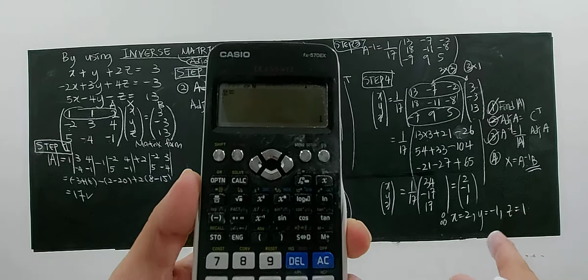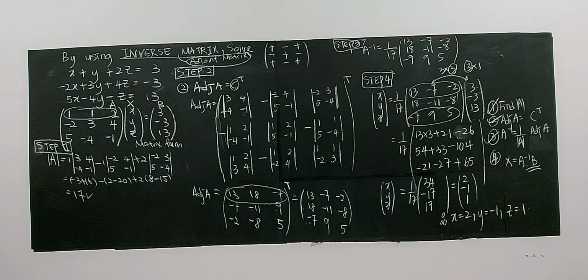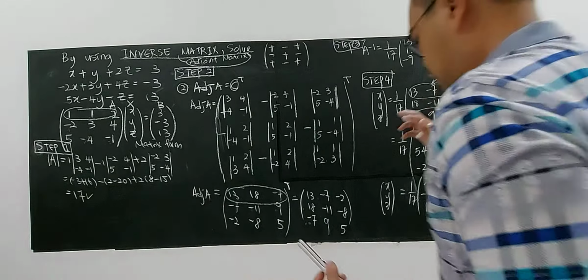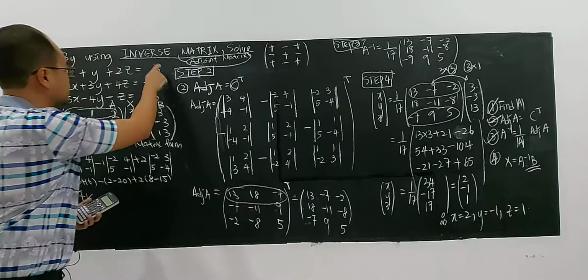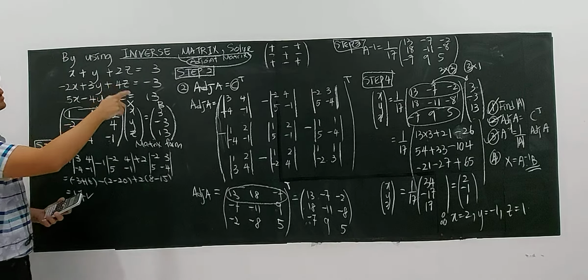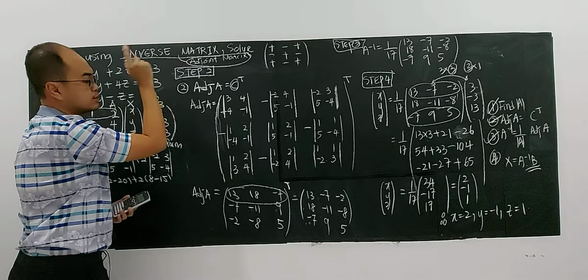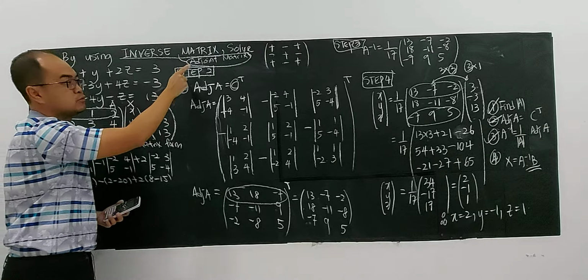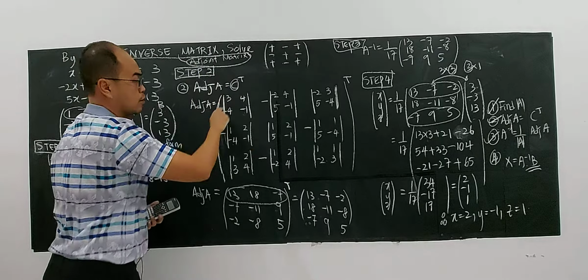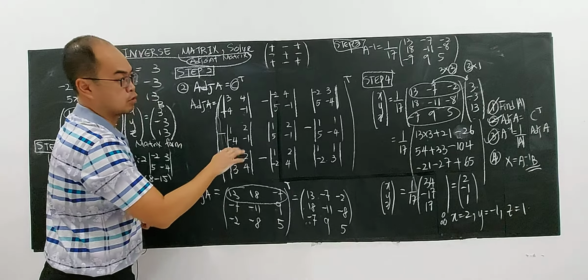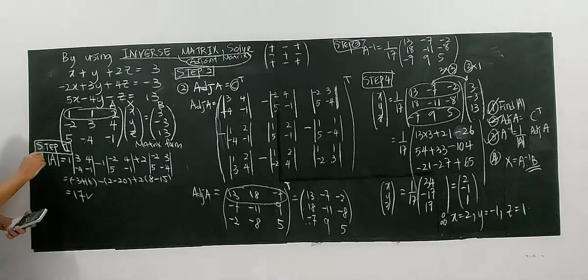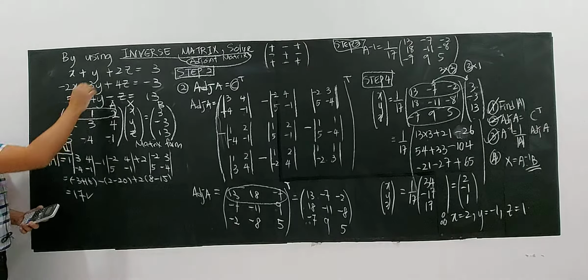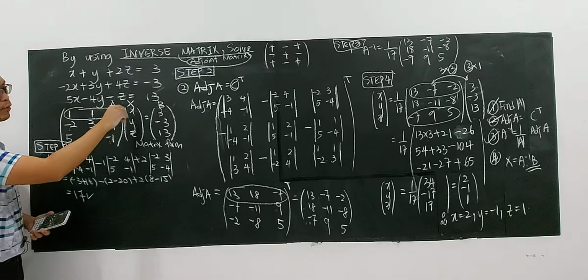So for this video, I just showed you why we use this method to solve this linear equation with 3 variables, by using the inverse matrix. When you see the words inverse matrix, it means to use the adjoint matrix to find the values of x, y, z. You have to rewrite this in matrix form.